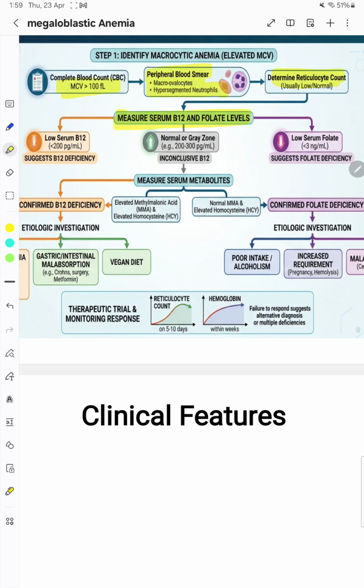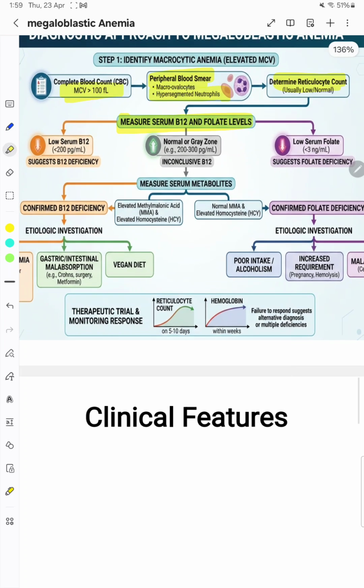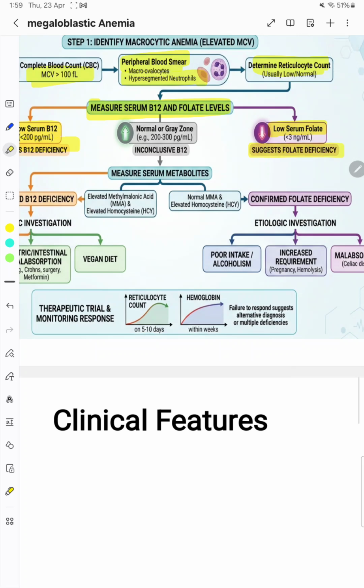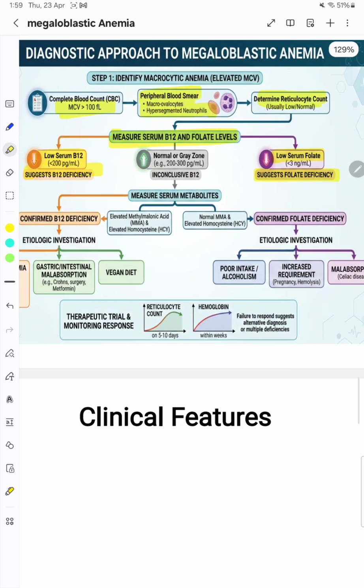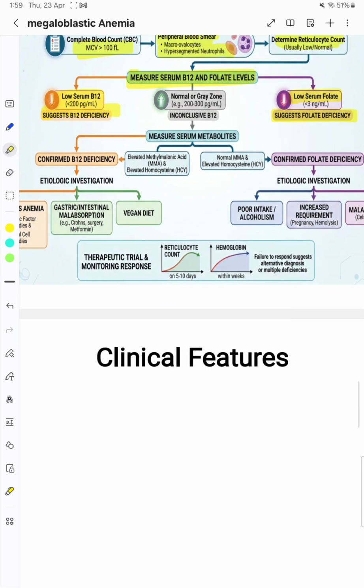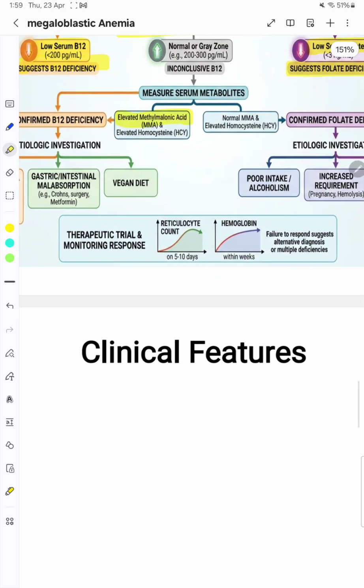On serum biochemistry, we check serum vitamin B12 and folate levels. If the serum vitamin B12 level is decreased, less than 200 picograms per ml, this suggests vitamin B12 deficiency. If the serum folate level is decreased, this suggests folate deficiency. If the serum biochemistry is in the gray zone or inconclusive, then we measure other metabolites like methylmalonic acid and homocysteine.